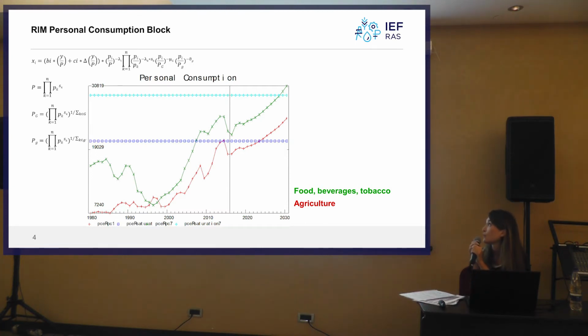We think that to improve our calculations, we should take into account the different behavior of different income groups, because in our country we have very high income inequality. Additionally, in the model, we have the possibility to use an alternative variant of calculating personal consumption.